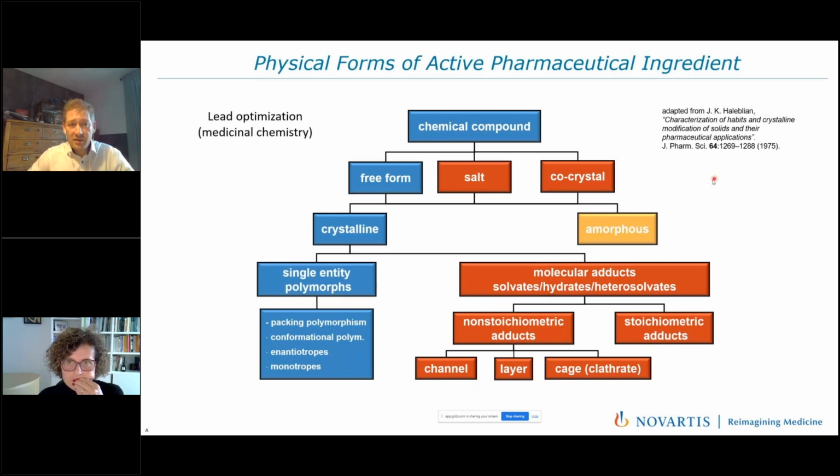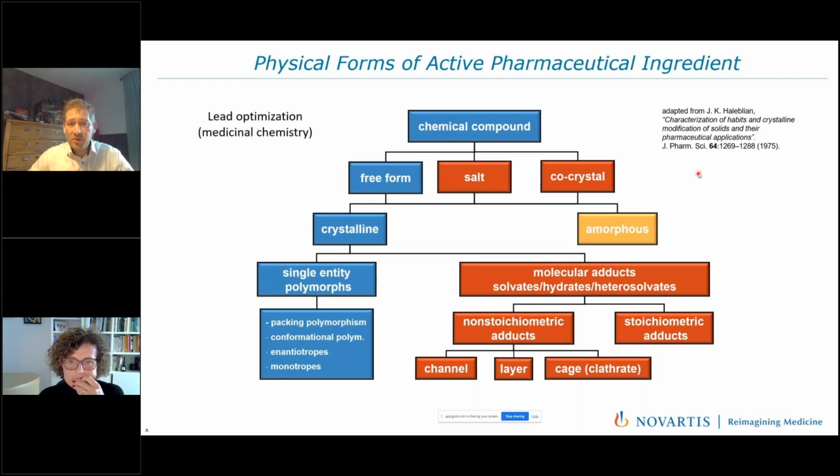And quite often, they are reaching some limits in this field. And this is to us, as solid state scientists, to work around this chemical compound. Depending on whether they have some acidity or basicity function, we may consider to characterize a free form, but also we can try to form some salt.